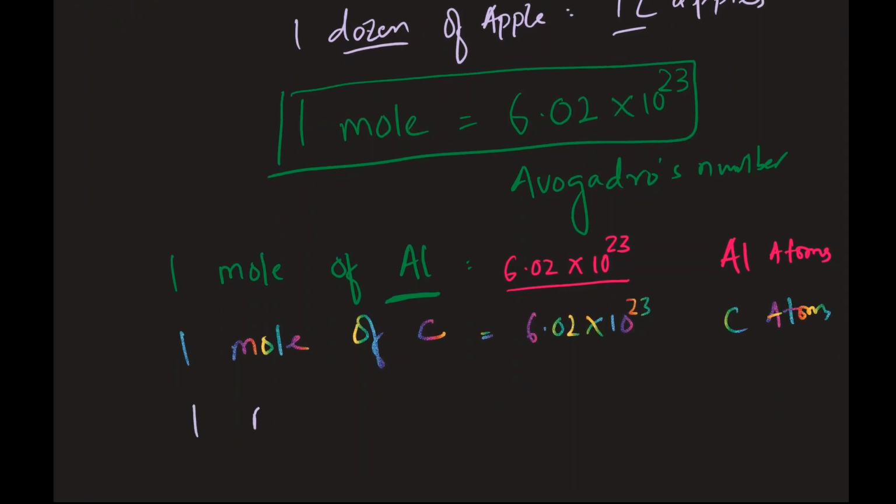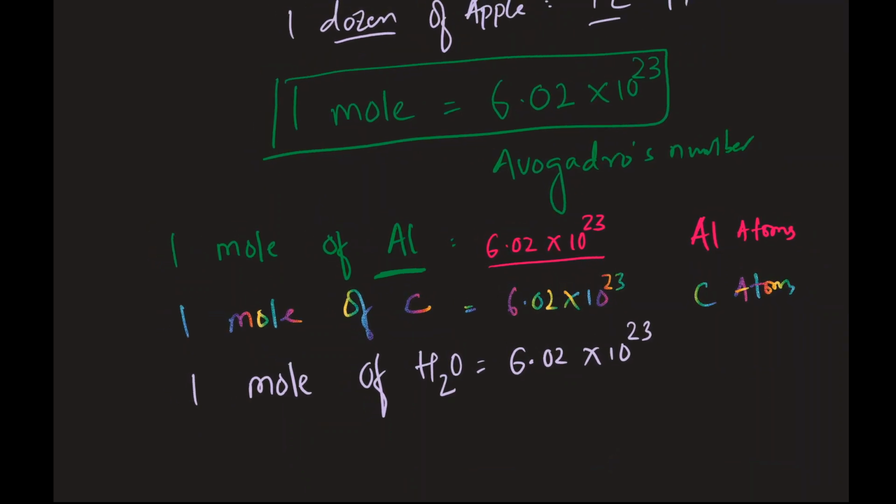So I could add another thing. Let's say 1 mole of water. Now I'm thirsty, I want to drink some water. All right, so let's say we want to find out how many water molecules are present in 1 mole of water. Again, it's the exact same thing, 6.02 times 10 to the power 23. In this case, this is water, so this is a compound, and for compounds the smallest particle is the molecule.